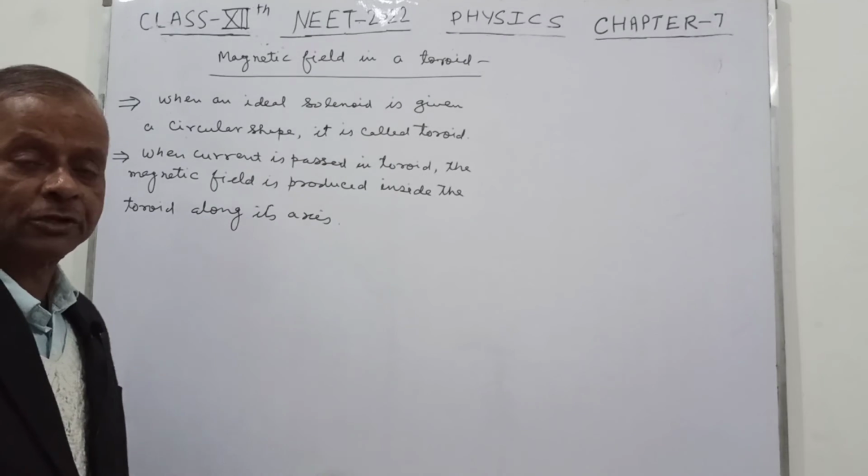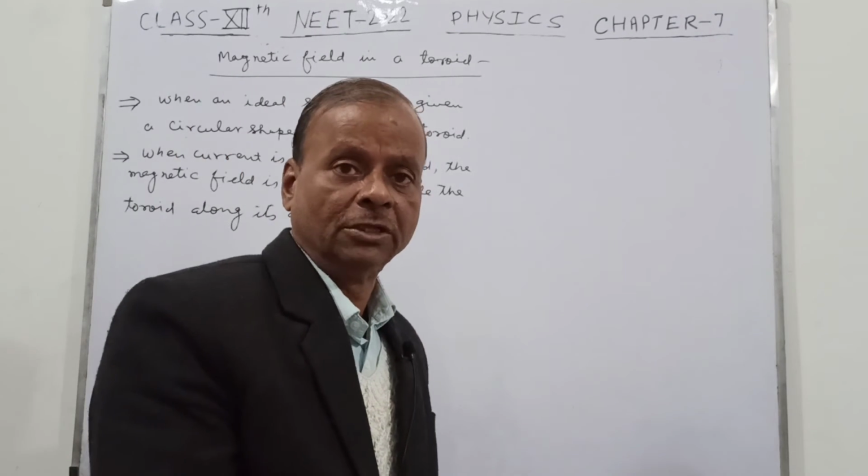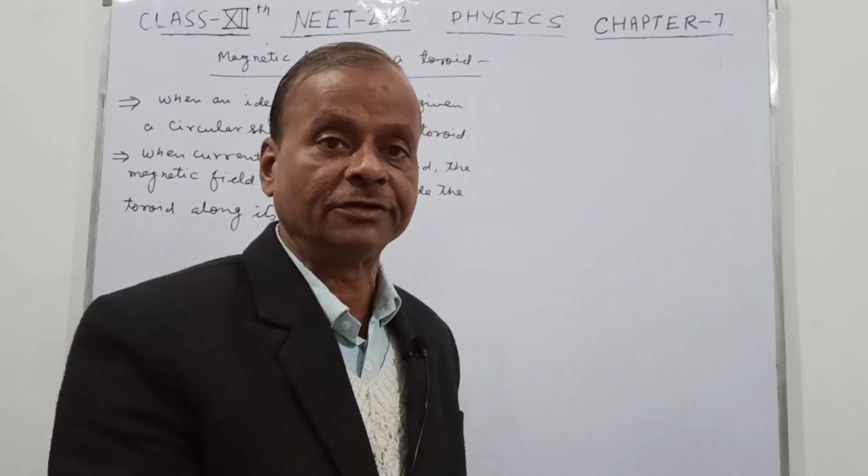So what is the axis of the solenoid? That is the axis of this toroid, because we are making the toroid from this solenoid.